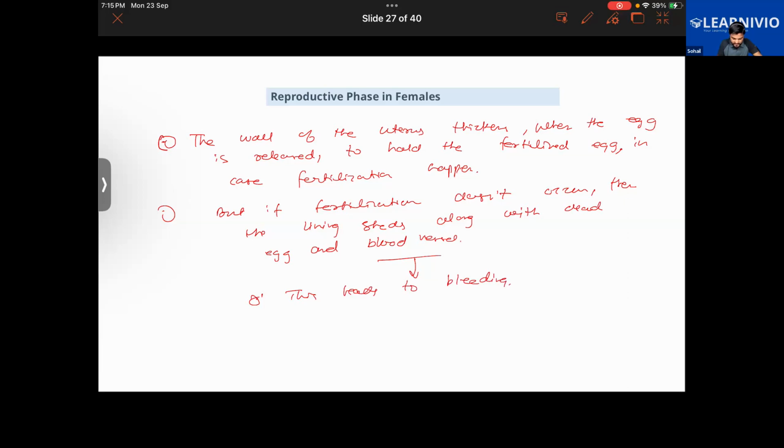This leads to bleeding, and this whole thing is called menstruation. And when the first bleeding occurs, that is called menarche. That is the beginning of the menstrual cycle.